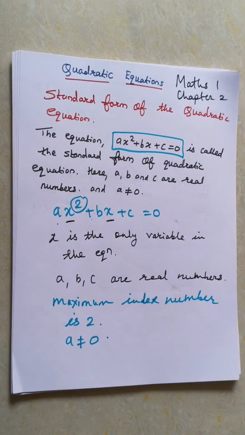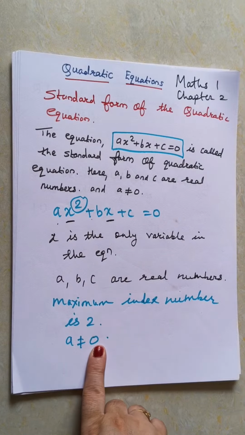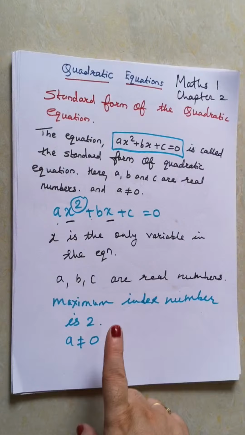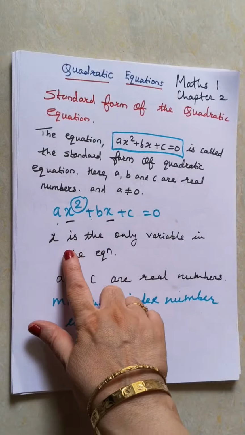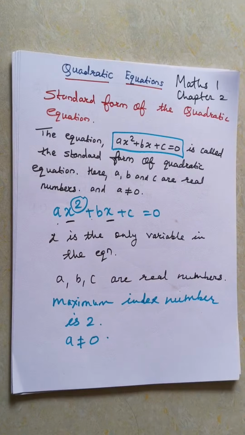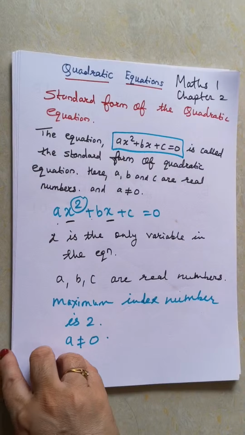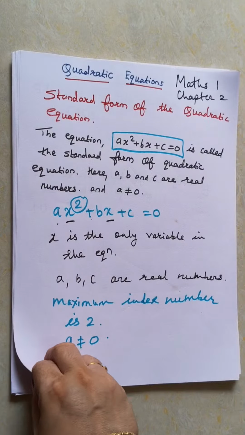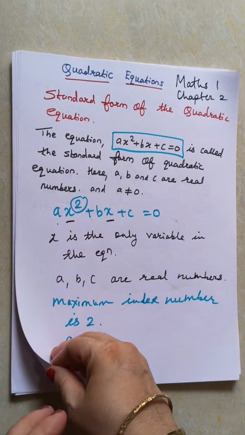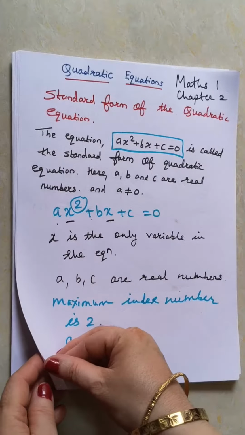Most of you are answering that a, b, c are real numbers, and a is always not equal to 0, and moreover the maximum index number of x is 2. So if all these are satisfied, then it is called a quadratic equation. Okay, everyone, I got answers from Mansi, Geet and Pranjal. So let's move to the next, and let's start the practice set.